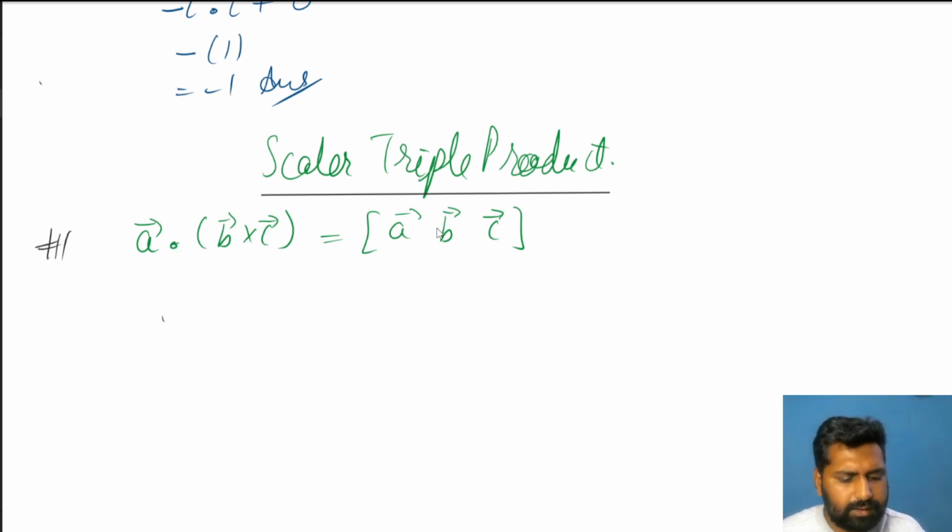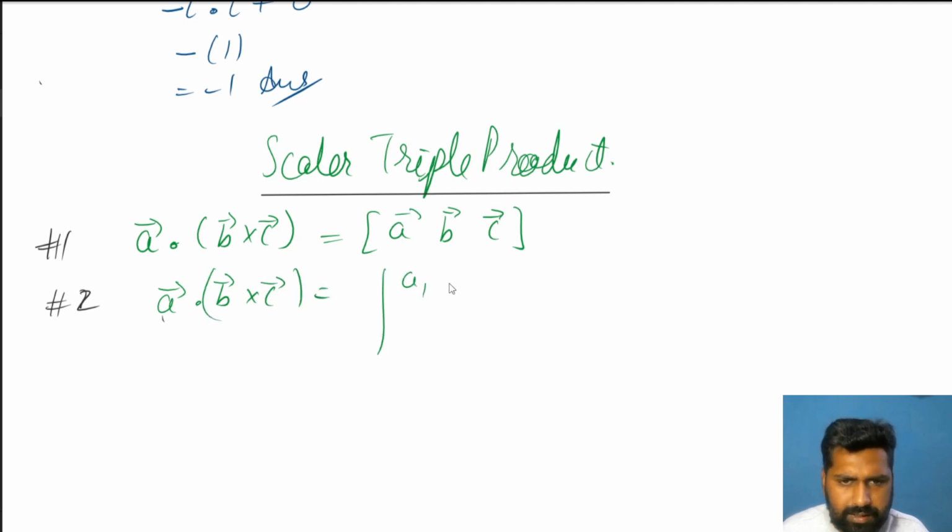In this notation, now let's look at the properties of it. Basically, this is your scalar triple product, A dot B cross C. Suppose you have to do this, you can directly do this by writing A1, A2, A3, the components of A, then B1, B2, B3, then C1, C2, C3, and taking the determinant of this.